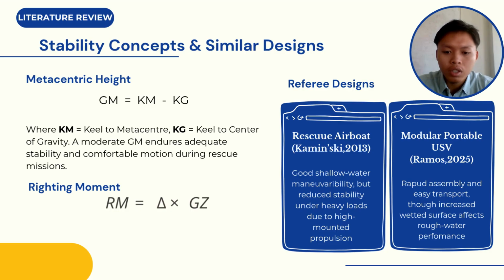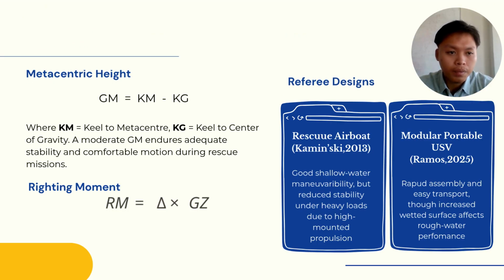Its modular construction allows easy transportation and rapid deployment, but the modular joints may increase hydrodynamic resistance and reduce performance in rough water. This design provides valuable insight for developing an improved modular flood relief boat.